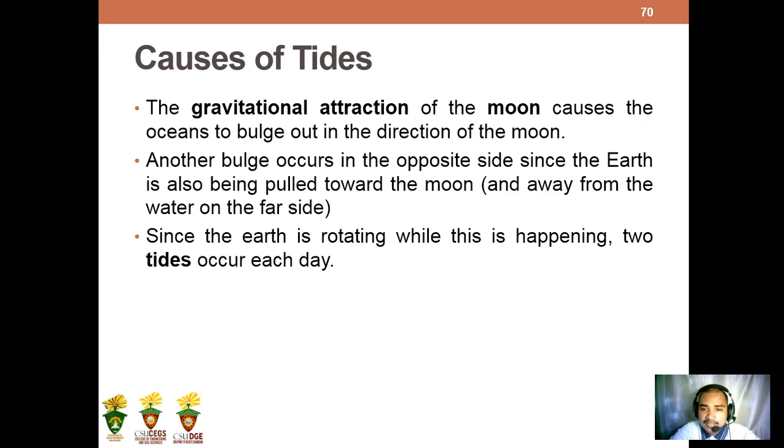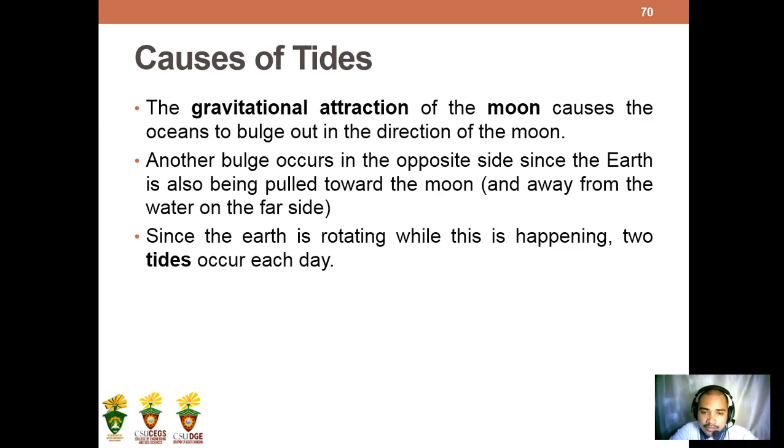Those forces between the moon and the earth are the reason the oceans bulge, pulling more water toward where the moon is located, in the direction of the moon.